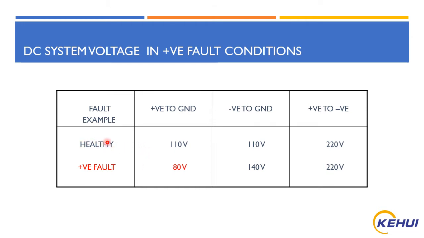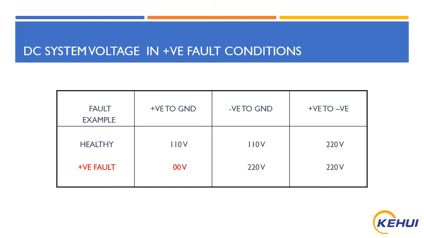If it is a healthy 220 volt system, you have positive to ground 110 and negative to ground 110. But in case of a positive high resistive fault, based on the resistance, the voltage drop occurs. You can see a voltage drop of 30 volts here and an increase of 30 volts in the negative, but still positive to negative remains 220 volts and the system continues to work.